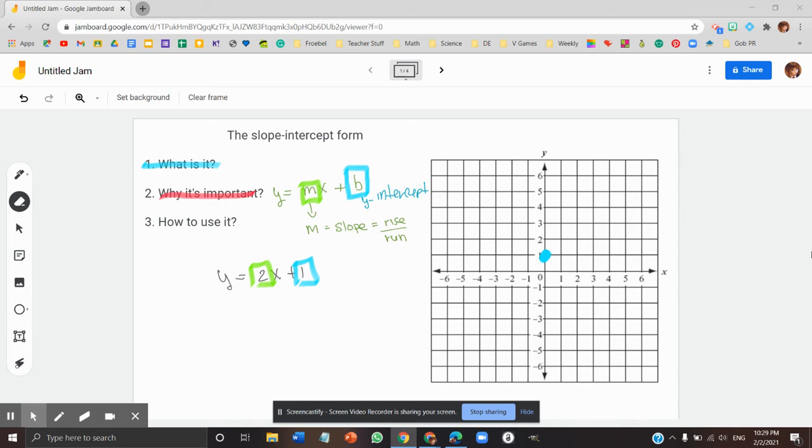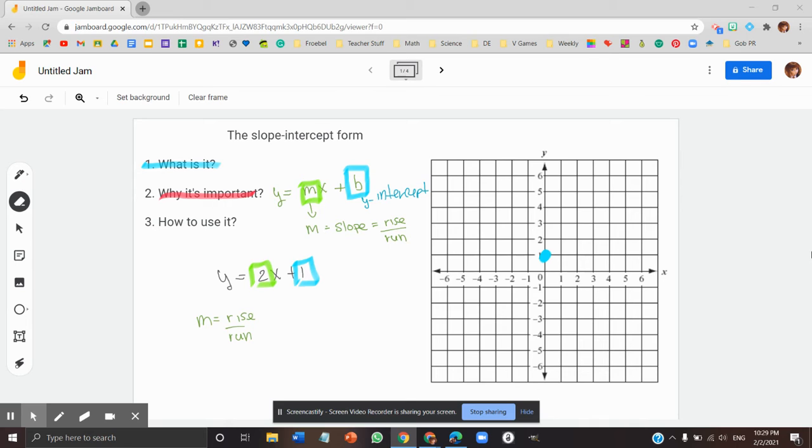So if my slope is m, and the slope is the same thing as rise over run, there are only two ways I can move on my coordinate plane. I can go up or down, that will be my rise, and how many times forward can I go.